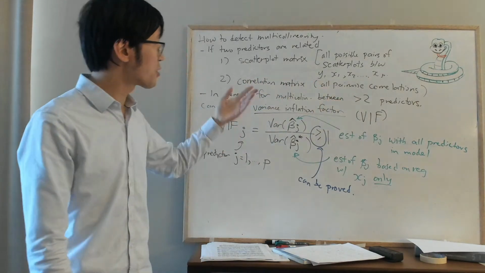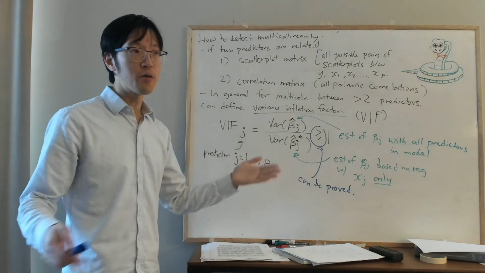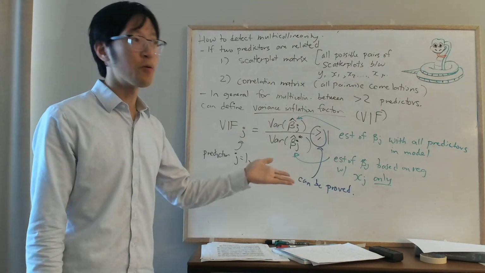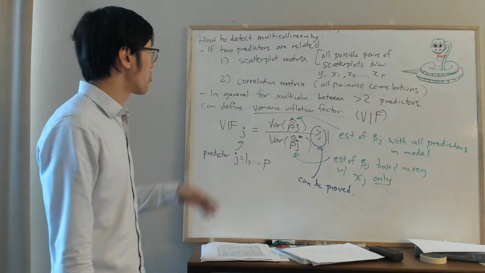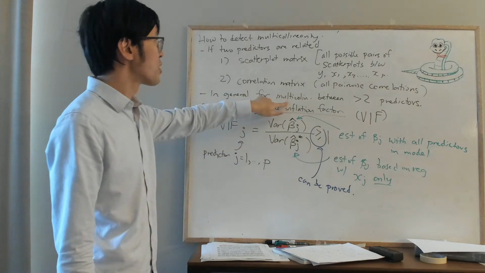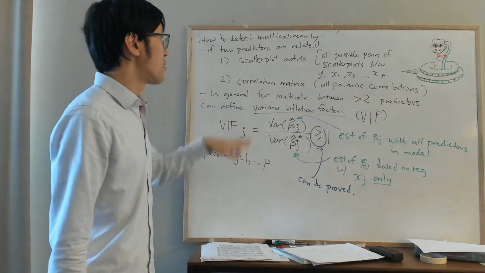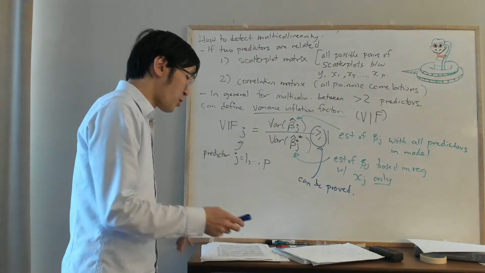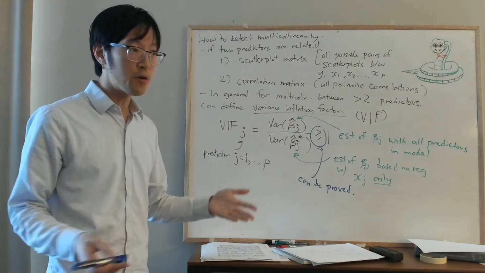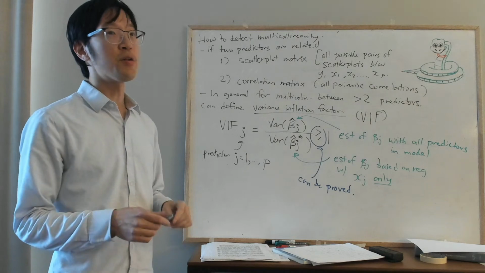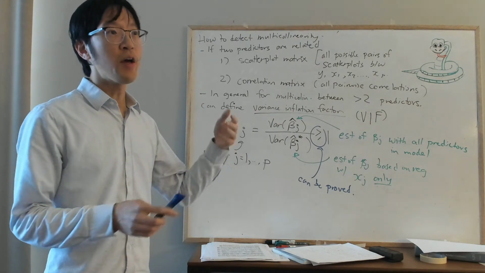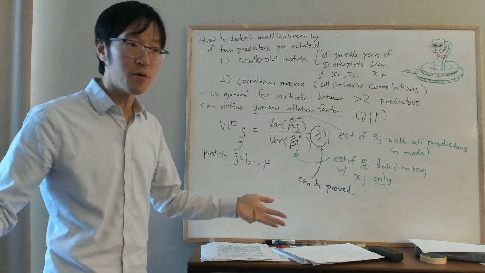If we're just looking at pairs, then R squared in a simple linear regression is simply the square of the correlation. It's the same generalization here. For multicollinearity between more than two predictors, one way to measure this is to look at the R squared in regressions of each x on all the other predictors.